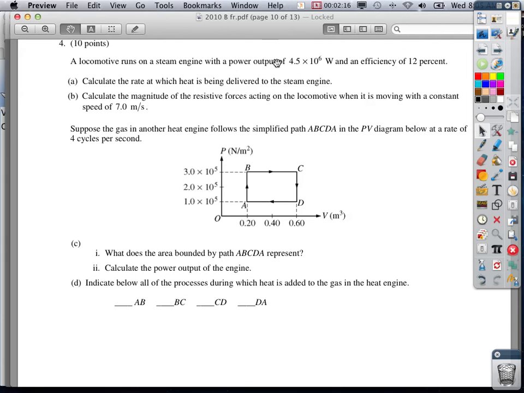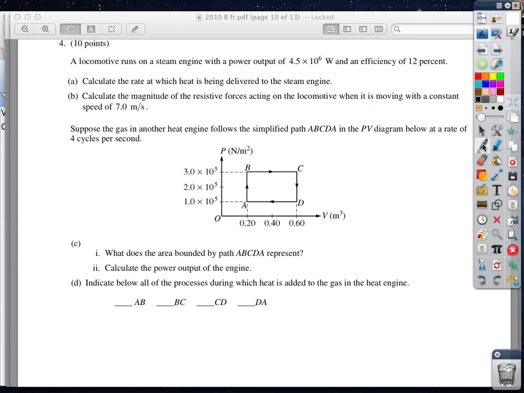Calculate the magnitude of resistive forces acting on the locomotive when it's moving at a constant speed of that. So if you're moving at this constant speed, we don't know the mass. We know that the work is equal to force times distance.